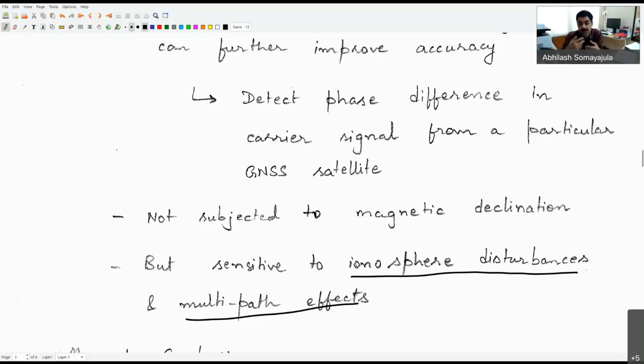That is not possible, but you can do that with radio waves. So whenever we are using these GNSS satellites, we have to be sensitive to these ionosphere disturbances, and because of this refraction effect, there need not be a single path in which the GNSS satellite transmits information to us, but there may be multiple ways in which it can reach us.